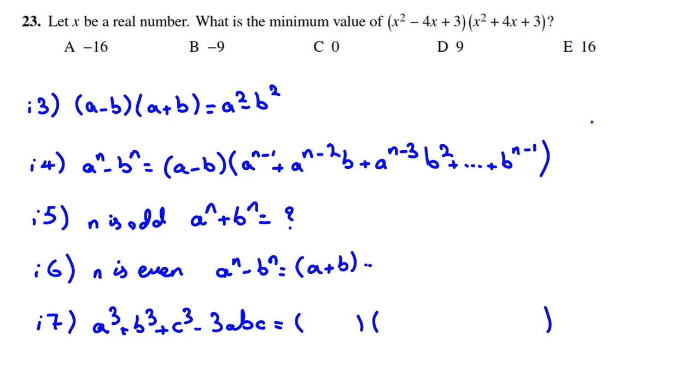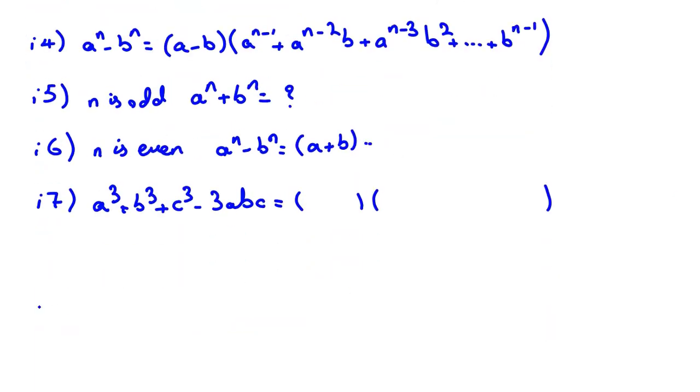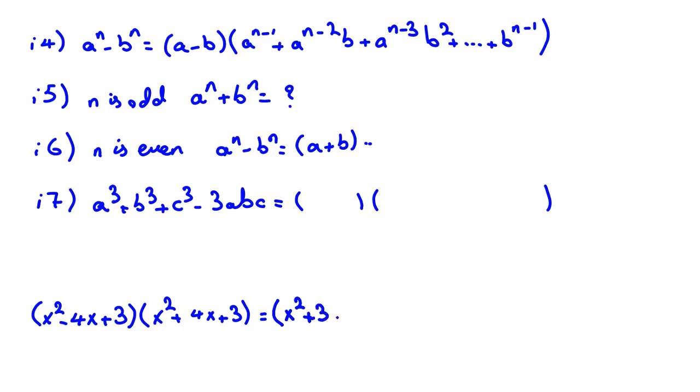Now let's focus on this part. x squared minus 4x plus 3 times x squared plus 4x plus 3, and we want to find the minimum value of this. So we can rewrite it as x squared plus 3 minus 4x, x squared plus 3 plus 4x.